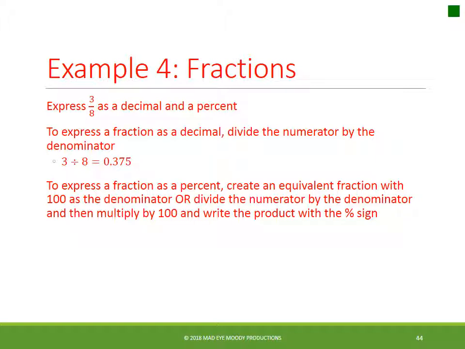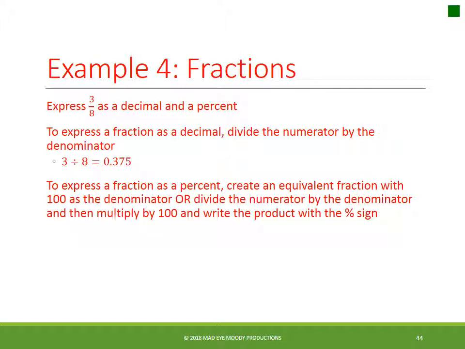To express a fraction as a percent, you have 2 choices. If your denominator is a factor or a multiple of 100, so 2, 4, 10, 20, 25, 50, 100, 200, 300, 400, then you can create an equivalent fraction with 100 as the denominator.